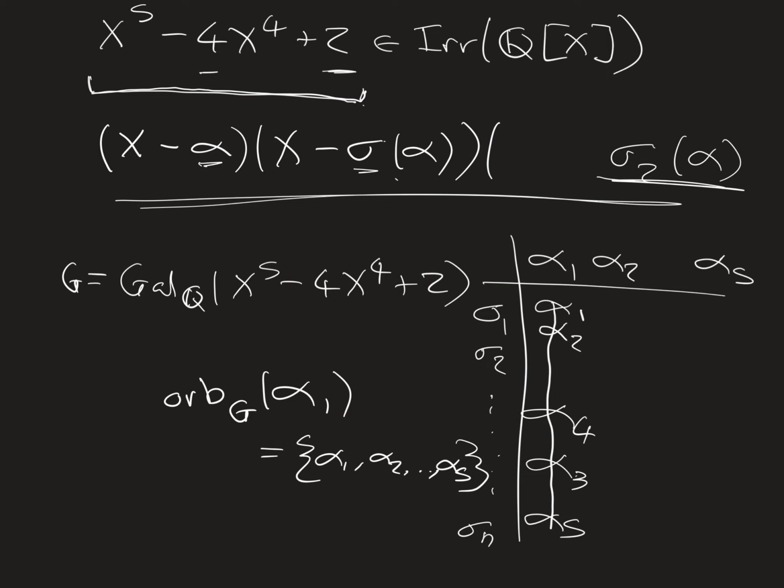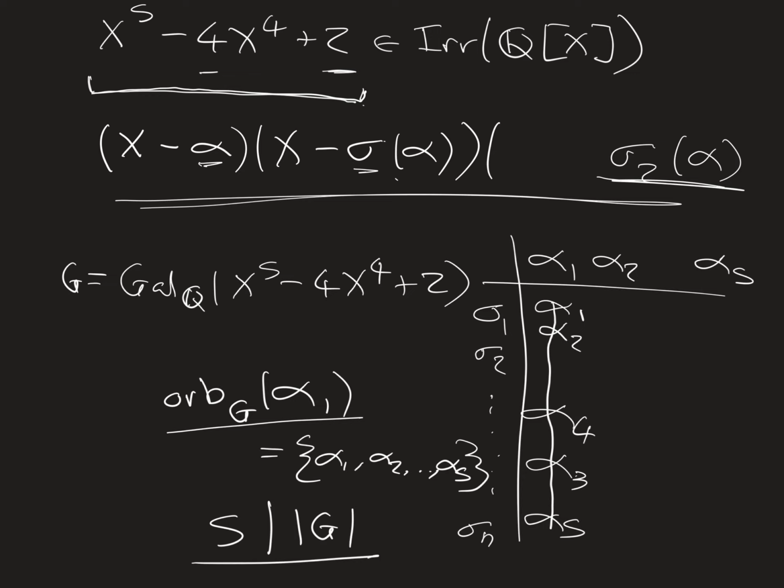Well, we now employ the orbit stabilizer theorem to say that the cardinality of the orbit times the cardinality of the stabilizer equals the cardinality of the group. So in particular, the fact that this is 5 means that 5 divides the order of the group G. And this is a crucial fact.